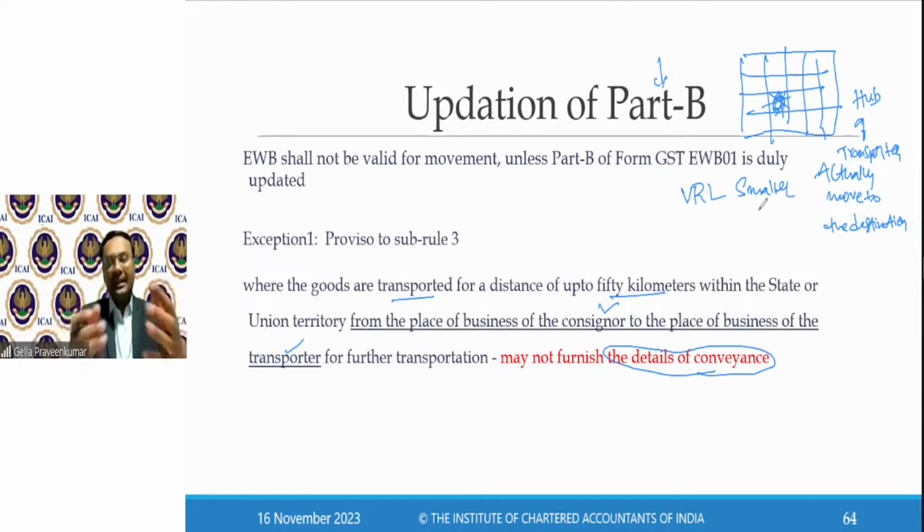The VRL person gets that material into the main hub. They segregate it state-wise. They put it into a bigger truck, called a lorry or 20 feet or 40 feet container. That bigger truck moves on to the destination. So here, up to 50 kilometers within the state, no need to update part B.